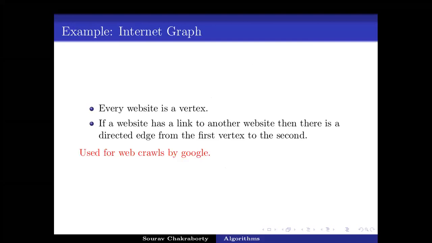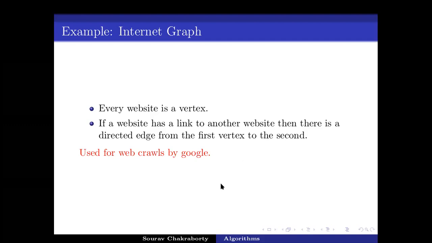Another pretty good example is the internet graph. Suppose you have moved to a particular web page, and in that web page there are lots of links to other websites, right?